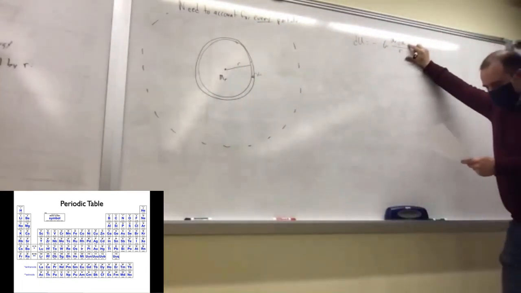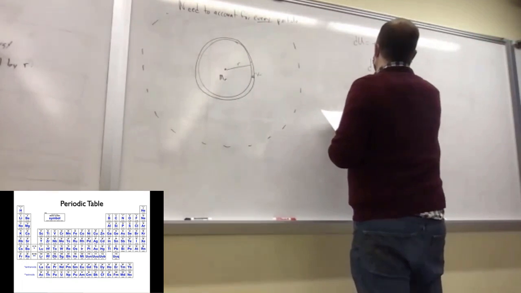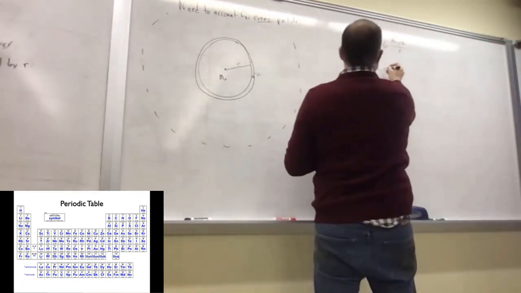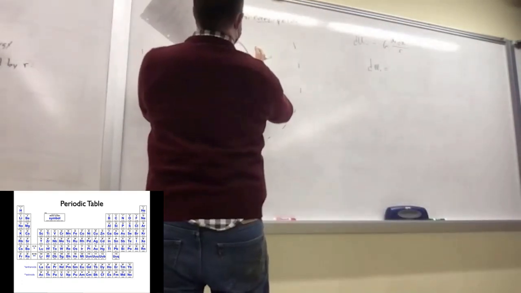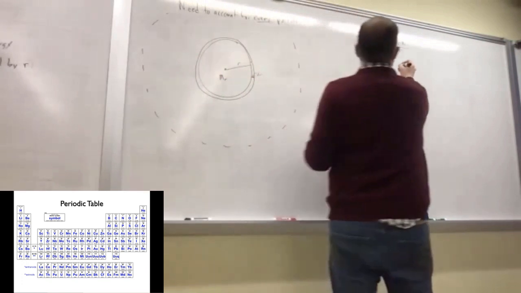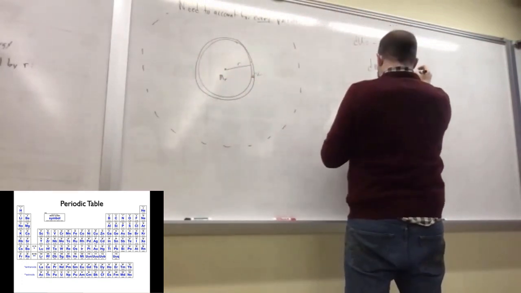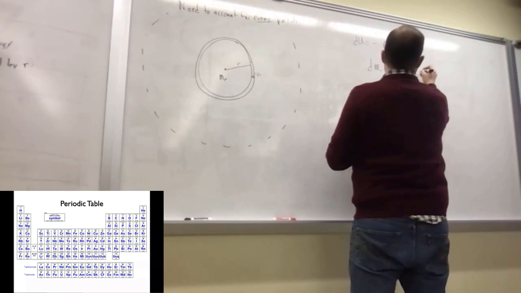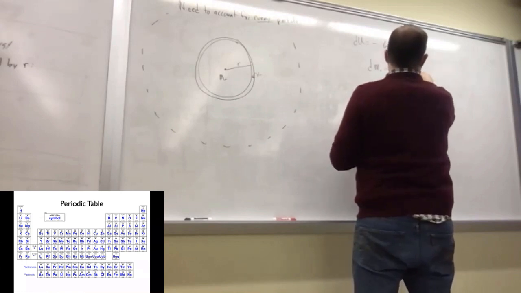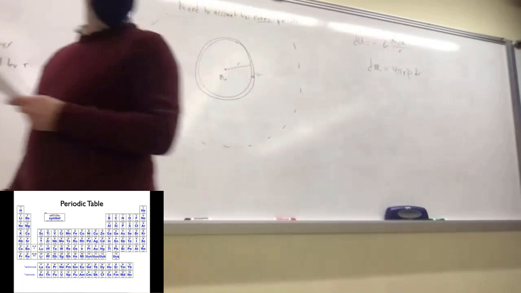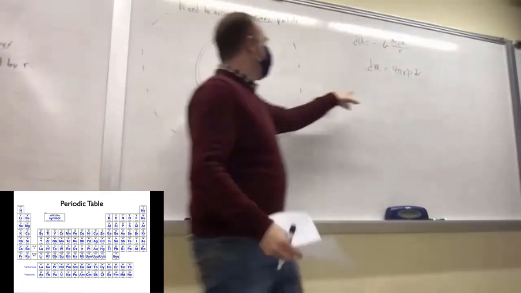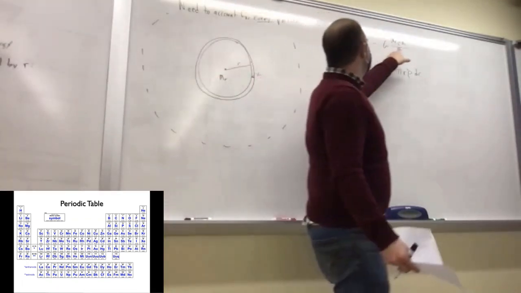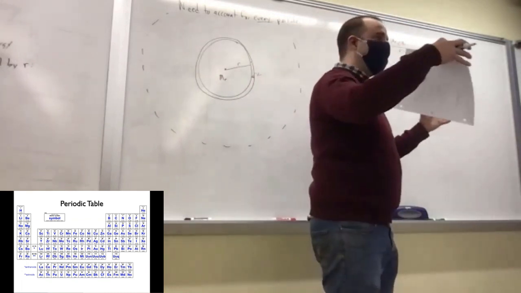So dm, this is the ith shell, is going to be, we wrote this down before, the surface area of that shell, which is 4 pi r squared, times the density times the thickness, dr. That is the mass contained within the shell. So this is the total potential energy of the whole shell itself.